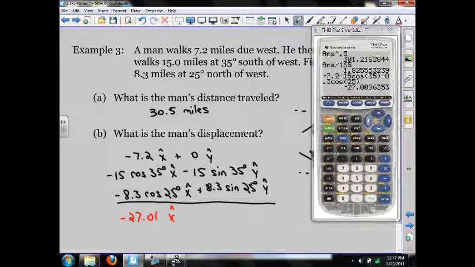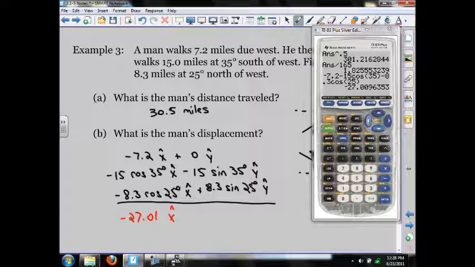What does that number represent? Not degrees. The number of miles that he is west of where he started. So 27 miles west of where he started.